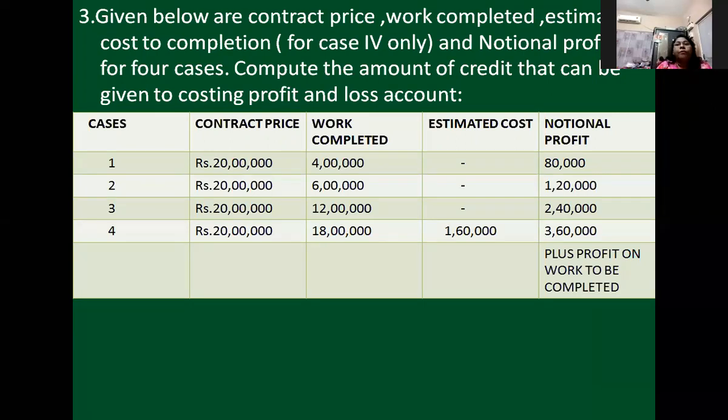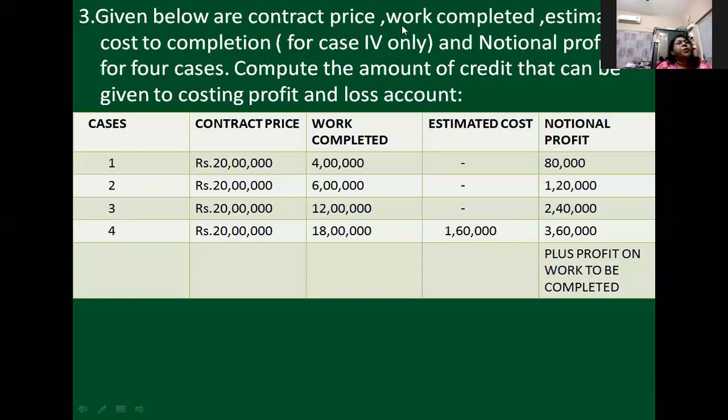In that way, we need to estimate the profit also. So in that situation, how to work out the estimated profit. This problem deals with how to calculate the estimated profit and how much profit will be transferred to the P&L account. Now look at the problem.